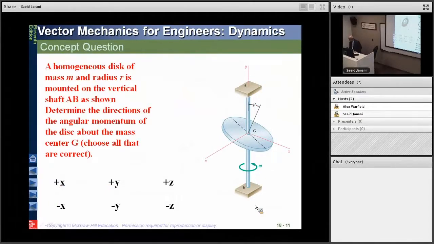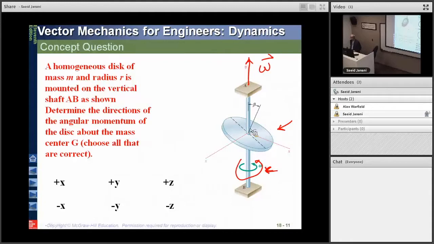The angular momentum h of g of a rigid body and its angular velocity omega have the same direction only and only if our angular velocity is directed along a principal axis of inertia.